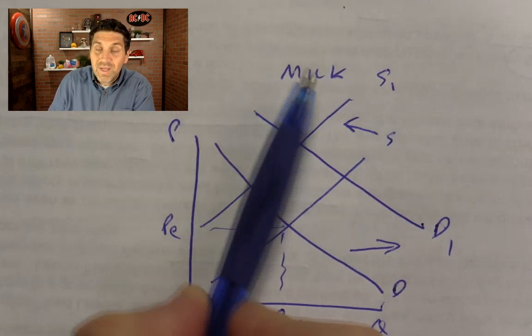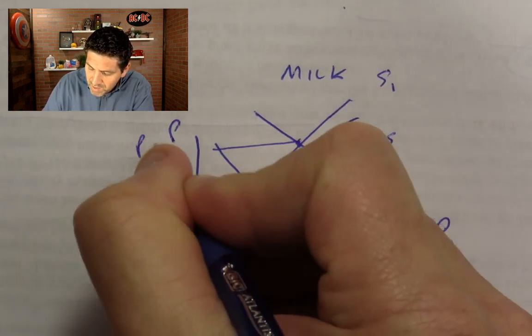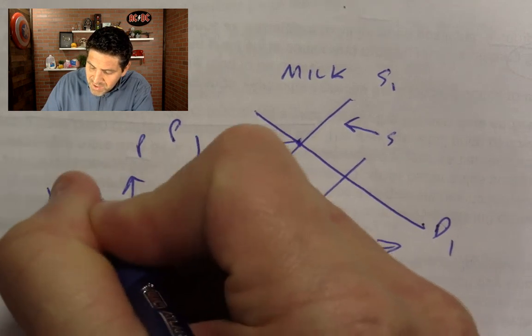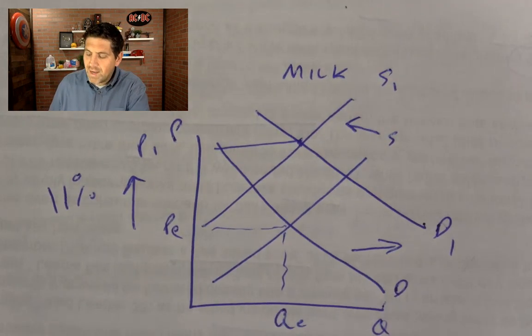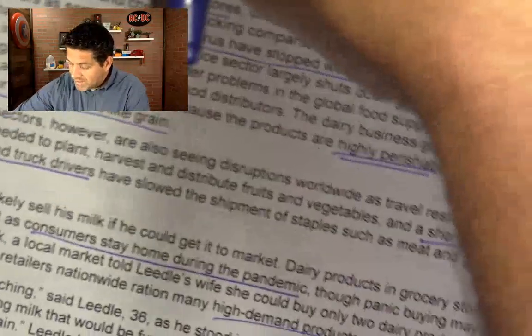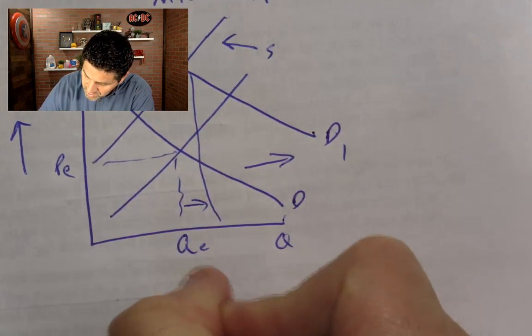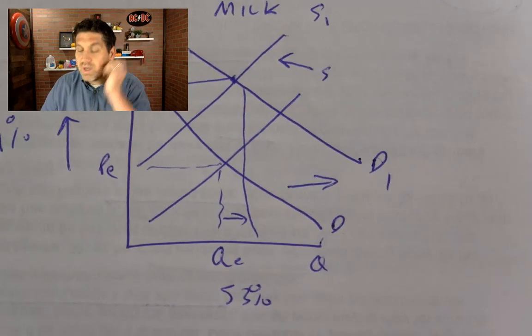So the milk in the retail market is not getting there, and we're ending up with some price that's way up here, which we already said is 11% higher, right? And it also says in the article, which is on the other side, the quantity has increased 53%.